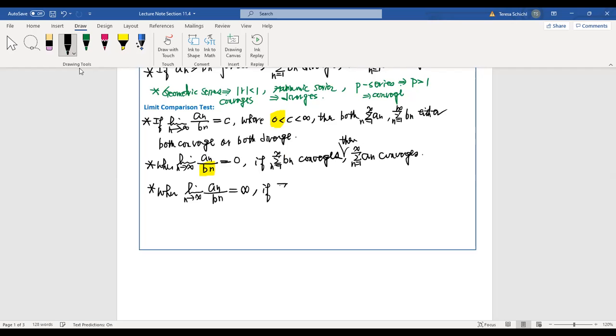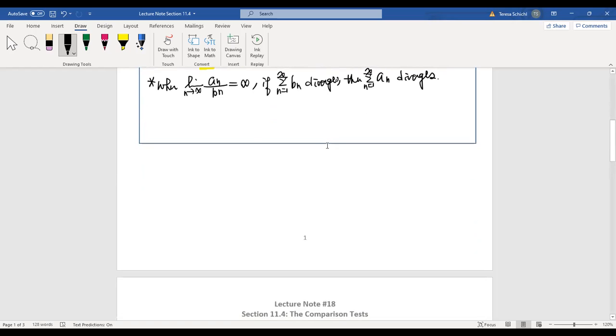So if bn diverges, then an has to diverge, because the ratio goes to infinity, so an is going faster than bn. If bn is divergent, an is guaranteed to be divergent. Going backward is not necessarily true.